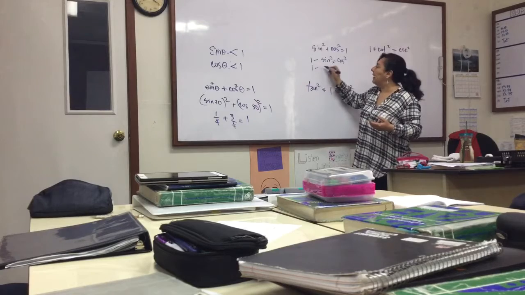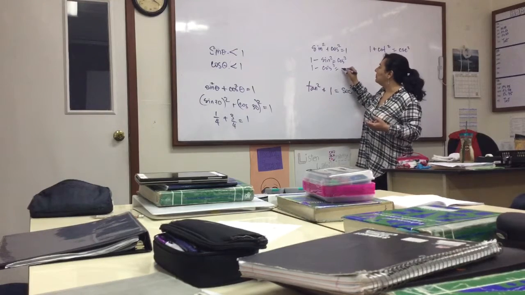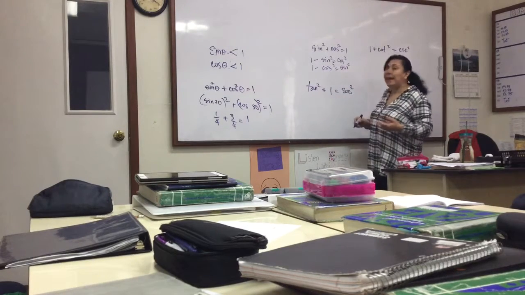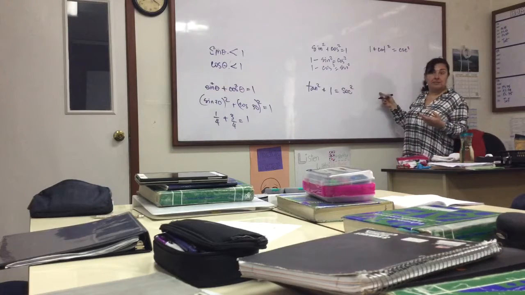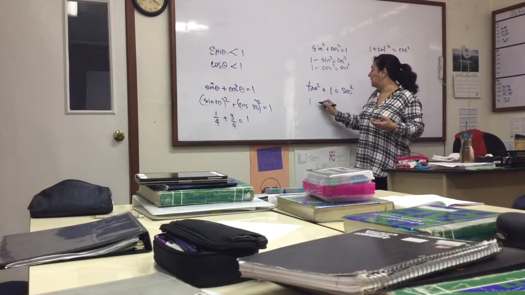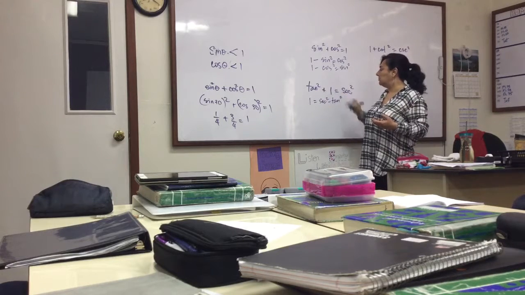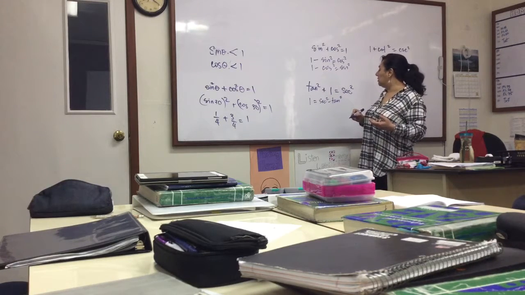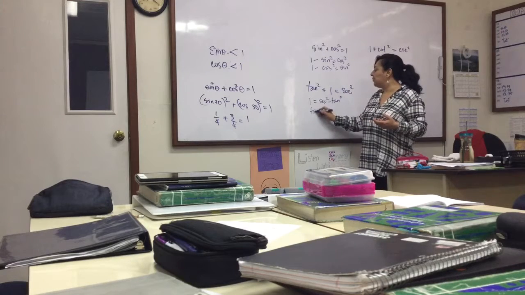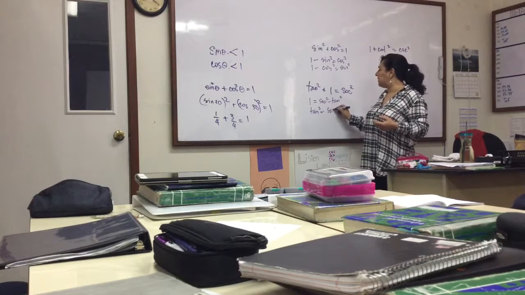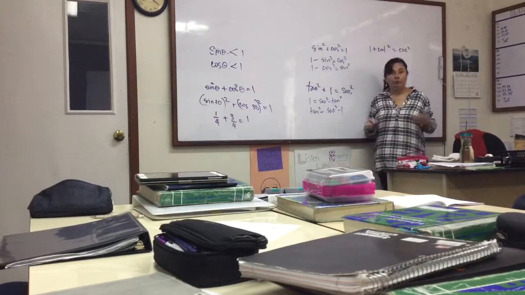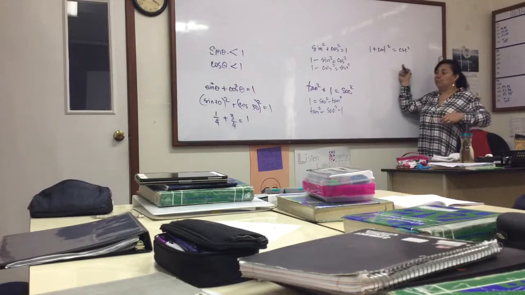Or 1 minus cosine squared equals sine squared. And I can do the same to all of these, right? So 1 equals secant squared minus tangent squared, for example. Or tangent squared equals secant squared minus 1, for example. And these I can move around as well.